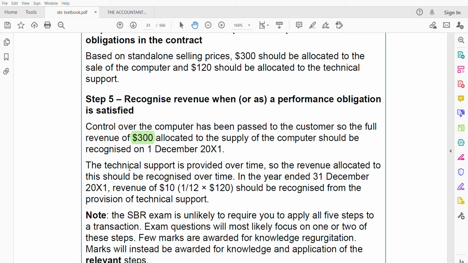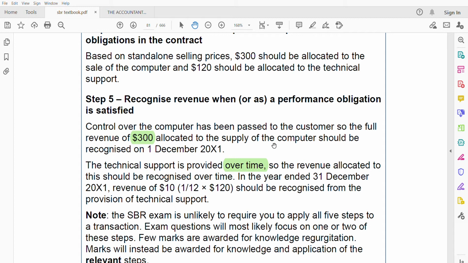What about the technical support? It is provided over time. Over time is over the 12 months. There are two things in revenue recognition that you need to understand. Sometimes it is at a point in time, sometimes over time. For example, computer, you are selling at a point in time. Today you are selling the computer to the customer, you are passing the control, so you recognize the revenue. But technical support is not like that.